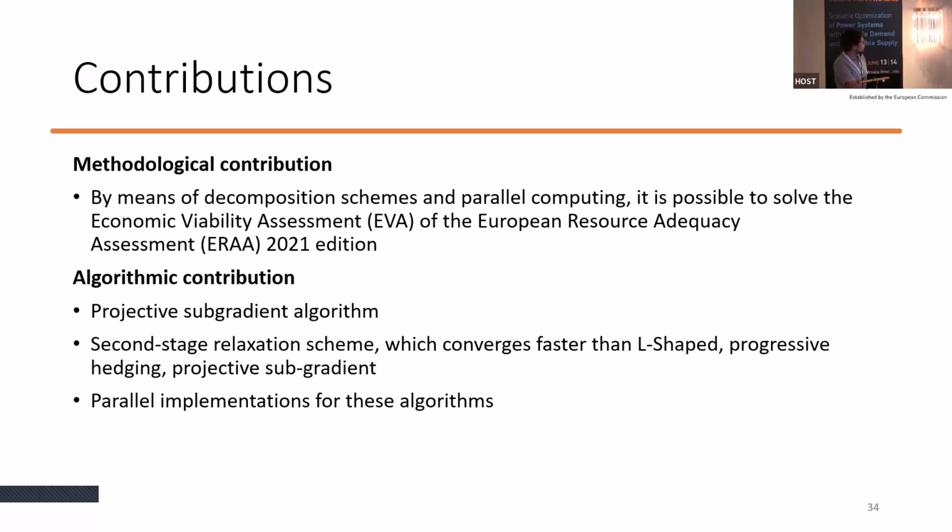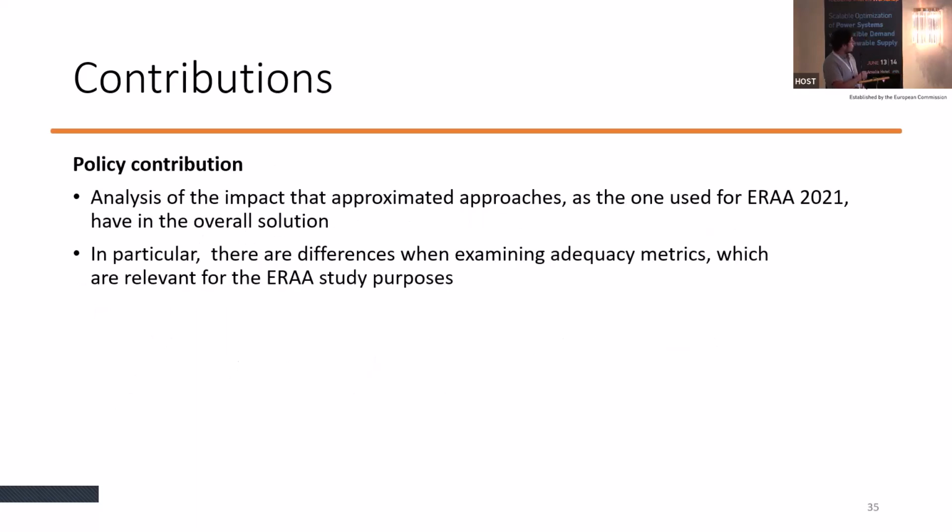We also proposed the second stage relaxation scheme and parallel implementations. In terms of policy contribution, we have done an analysis on the impact that approximated approaches may have. In particular, we have seen that there are differences when you look at the adequacy indicators.